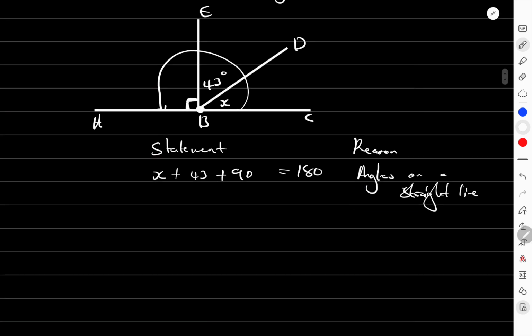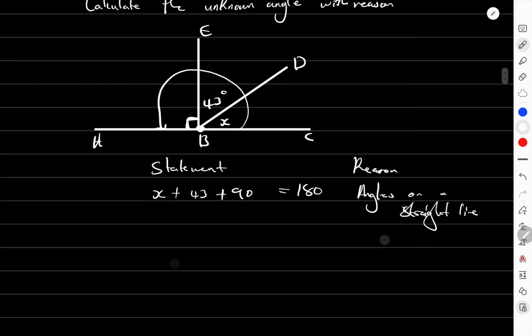After doing this, it takes us to algebraic equations, whereby I have to group my like terms together. This 43, this 90, and this 180 are all like terms, so I have a right to group my numbers together.